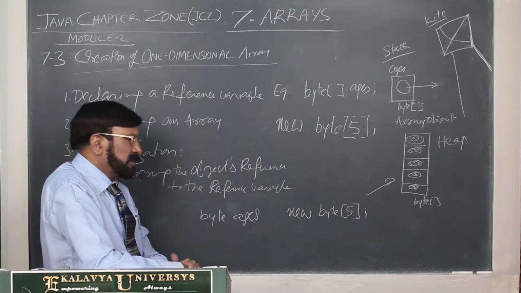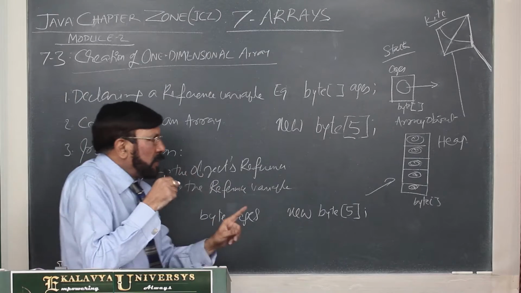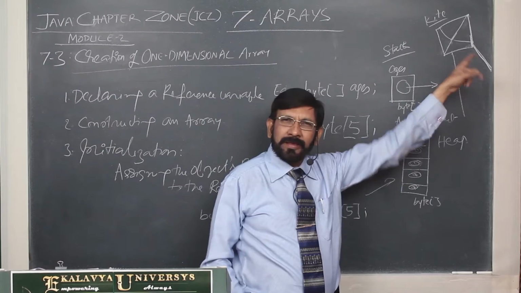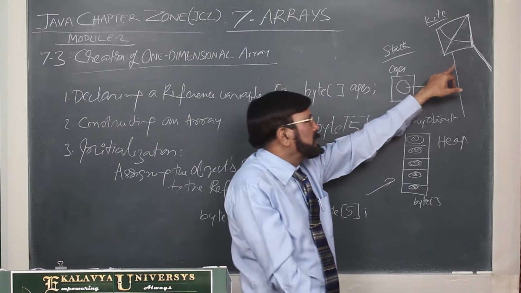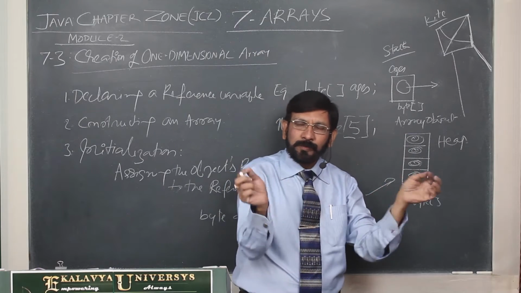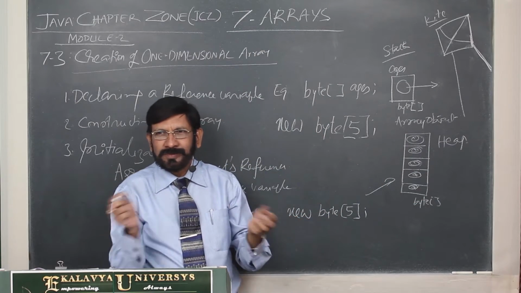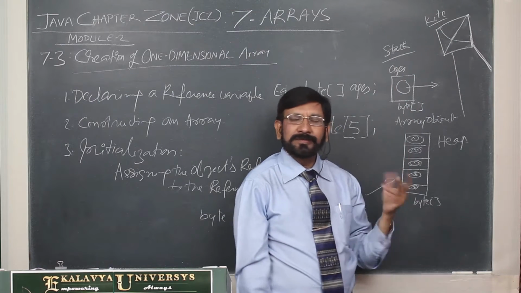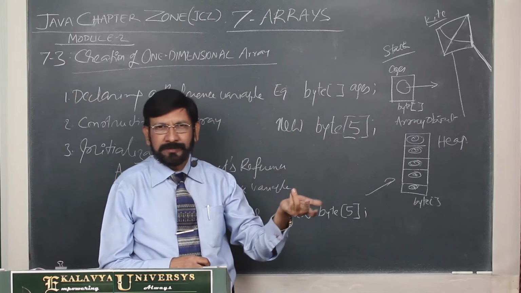Now we have to link up. You purchase the second one, the kite, the real thing, the paper part of the kite. Already you purchased the string. If both are separate, there is no use. You have to tie the string to the kite, then only you can play with that.